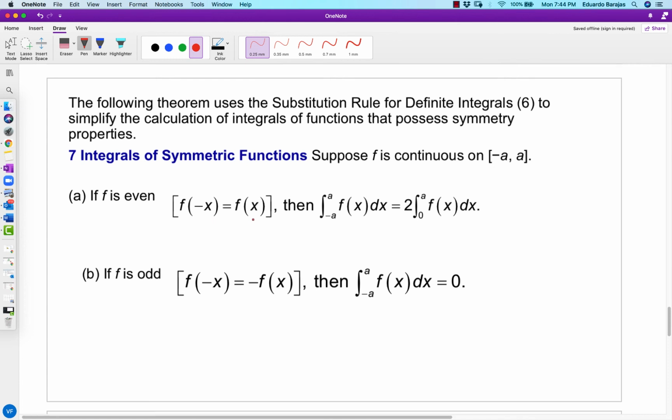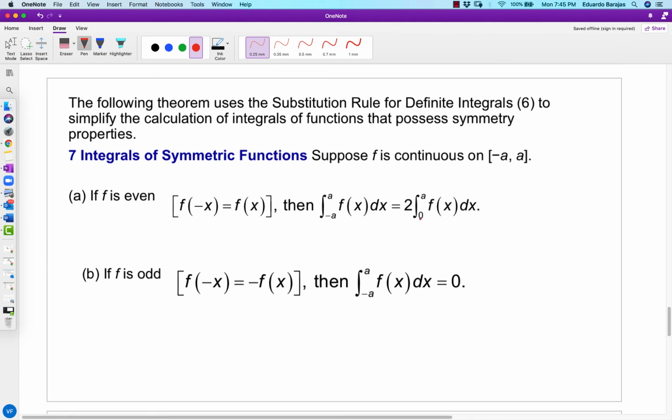Even means it's symmetric about the y-axis. It's a mirror image across the y-axis. So if we want to integrate from negative a to a of f of x dx, that's equivalent to integrating from 0 to a of f of x dx and doubling it, because even functions are a mirror image about the y-axis. So we can just find the integral of half of it, and then double it.